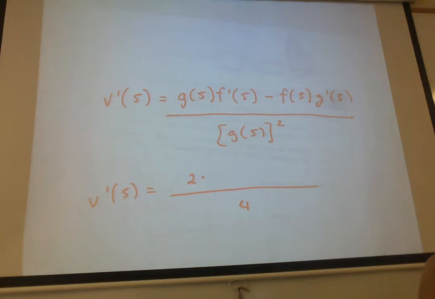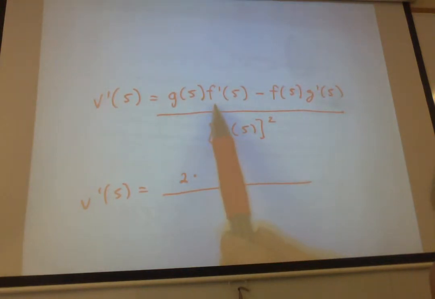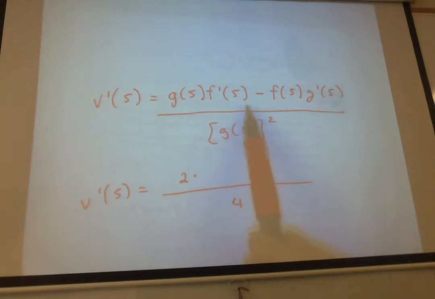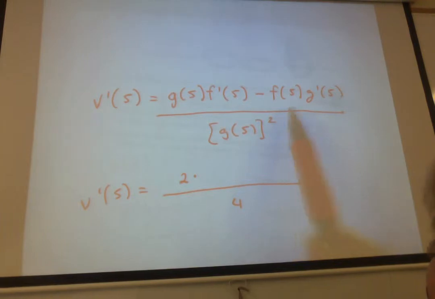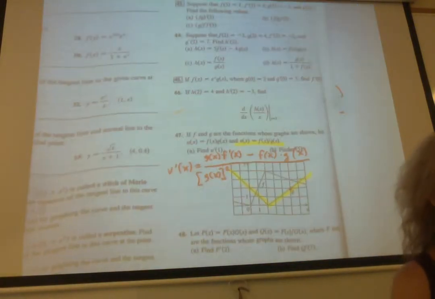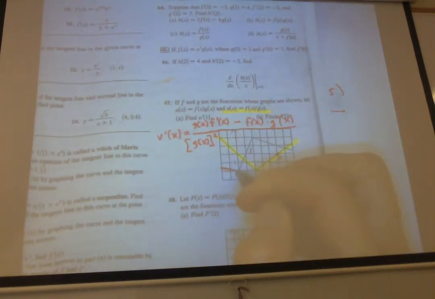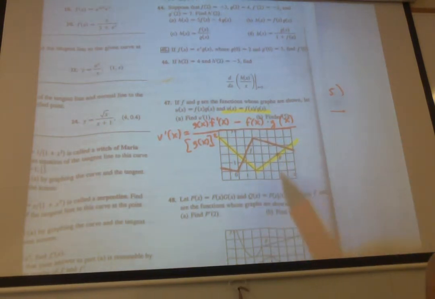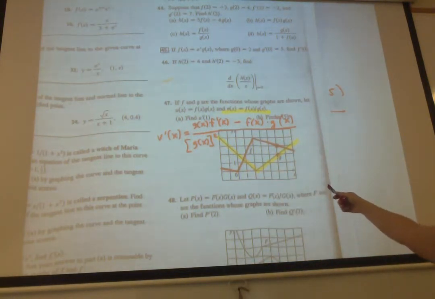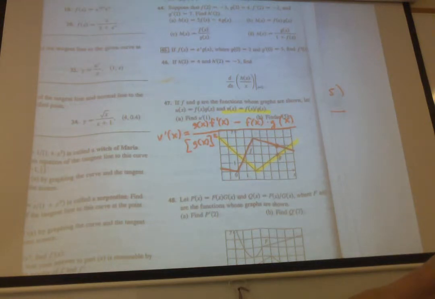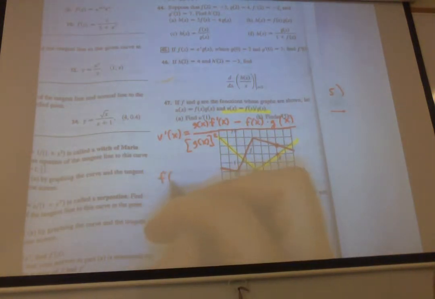Now let me go and find the derivative of f at 5. And while I'm at it, to save time, I'm also going to look at what is its output, because I'm going to need that too. So at 5, my f is this function. And it looks like its output at 5 is what? 3, okay? So f of 5 is 3.